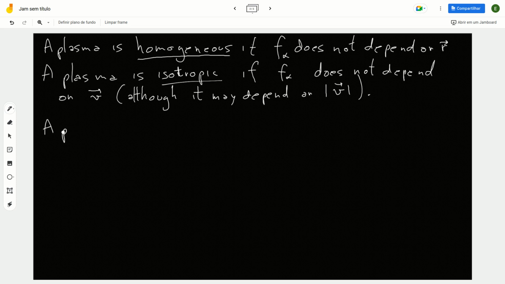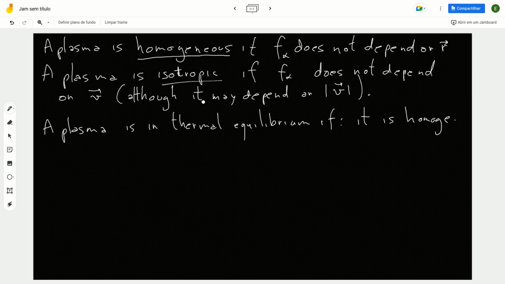And a plasma is in thermal equilibrium if it is homogeneous, isotropic, and time independent.